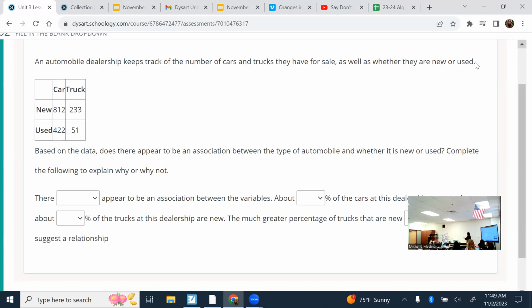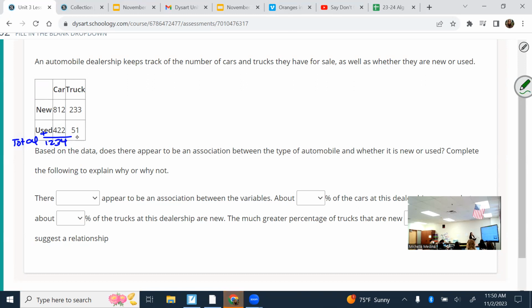That's why in our notes, what they did with one of the tables was make it a relative frequency table, based on the column total. That happens to be what we need as well, because if you want to be able to compare them, you need to see how frequently it occurs within the amount that they have. So for example, the total amount of cars, and I just remember this from earlier, so correct me if I'm wrong, was 1,234 when I added that together.